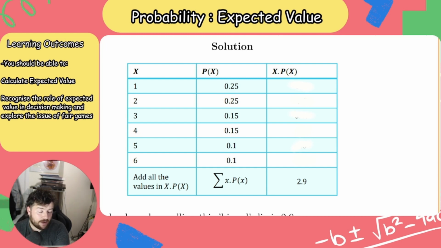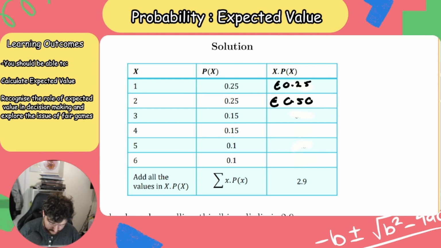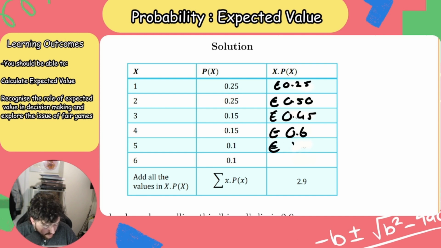And how I find the expected value is, I multiply these two numbers together. So 1 times 0.25 is 0.25. 2 times 0.25 is 0.50. 3 times 0.15 is 0.45. 4 times 0.15 is 0.6. 5 times 0.1 is 0.5.